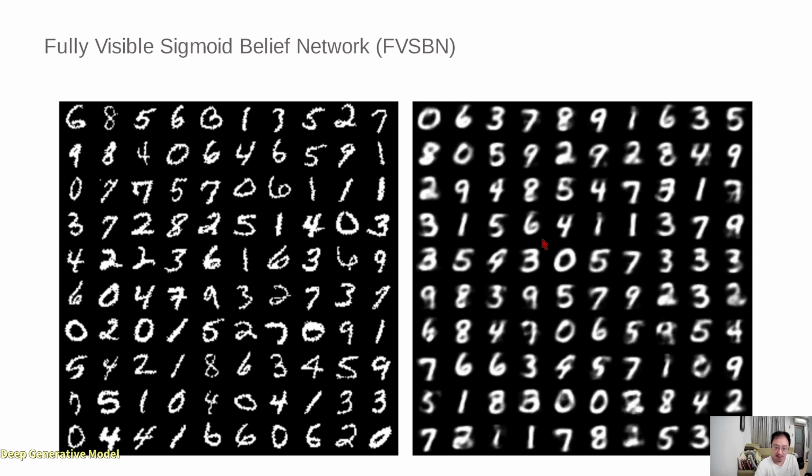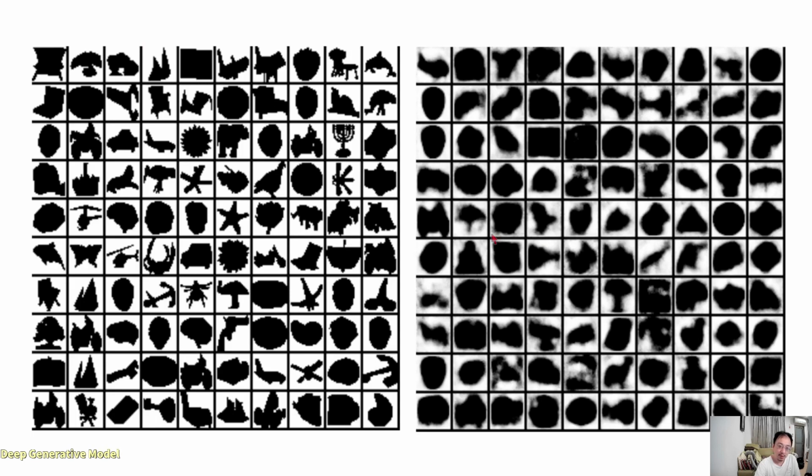But MNIST is considered to be a pretty simple dataset. So we also apply it to a more complicated dataset, the Caltech Silhouettes dataset. The left one is the sample from the training data. The right one is some kind of average of the generated things.